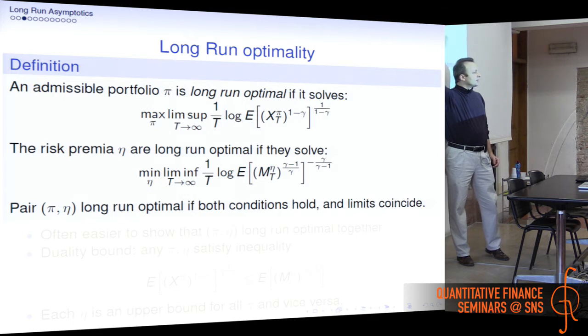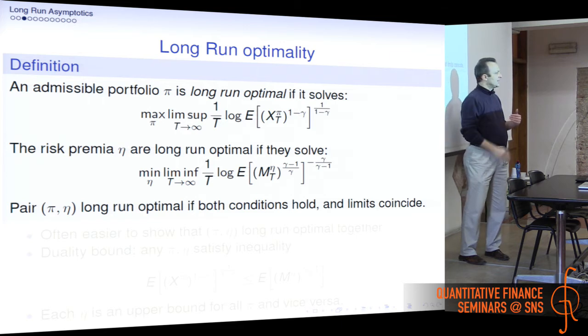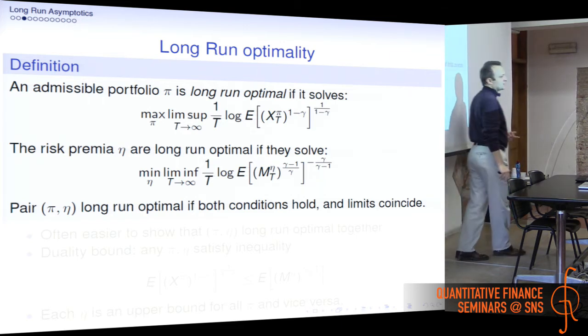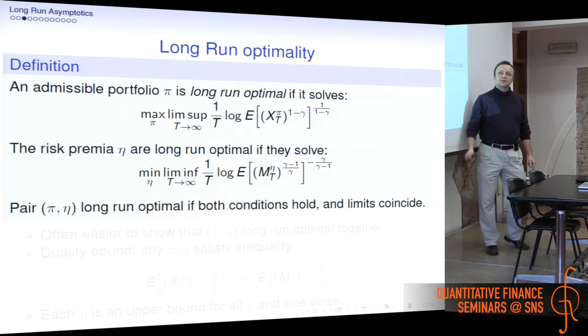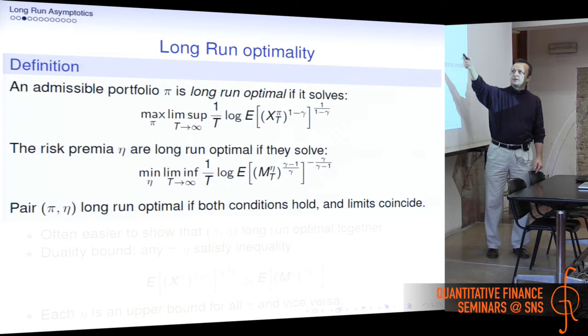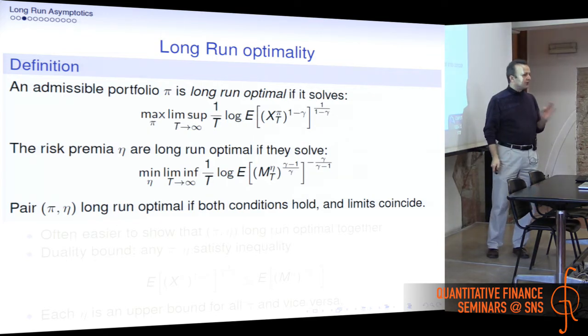If we take the log, we also do not expect that to converge because we expect that, in fact, to increase linearly. So we're going to divide by the horizon, and this is something that we expect to converge, okay? So if you can achieve the maximum rate possible, then we're going to say that this portfolio is Lagrange optimal, okay?